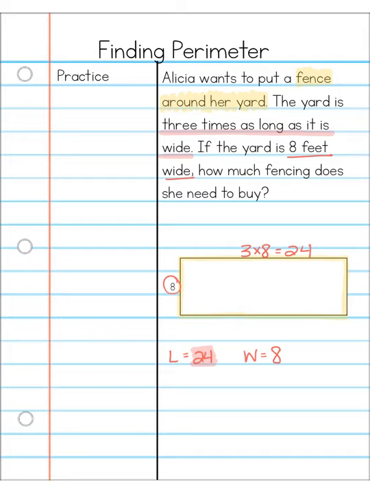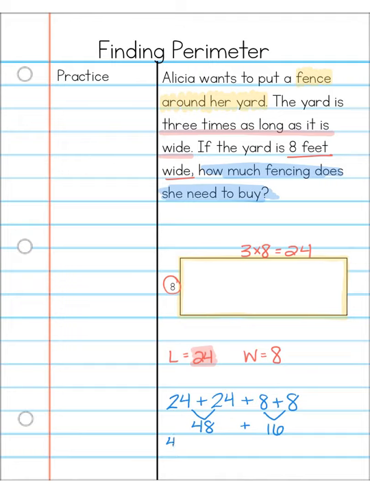The question asks me, how much fencing does she need to buy? So the question is actually asking me to find the perimeter. And I do that by adding the length twice and the width twice. I know that 24 plus 24, or 24 times 2, is 48. 8 plus 8 is 16.